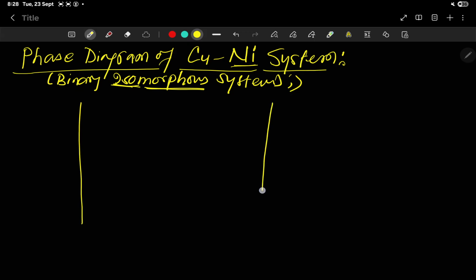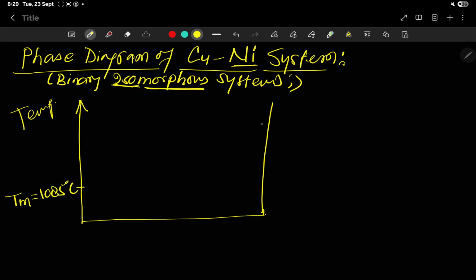So here we have one axis, temperature, and here we have the melting point of copper. This is around 1085 degrees Celsius, and here, this is also temperature, and here we have the melting temperature of nickel.